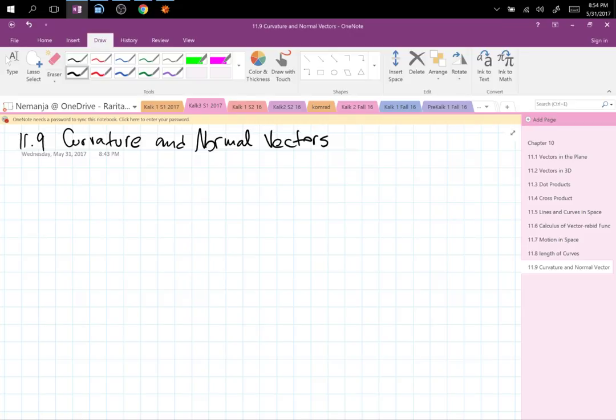Curvature is going to be a quantification of how fast the vector r, which is our position vector, turns. We are going to develop the formula for it and use it.